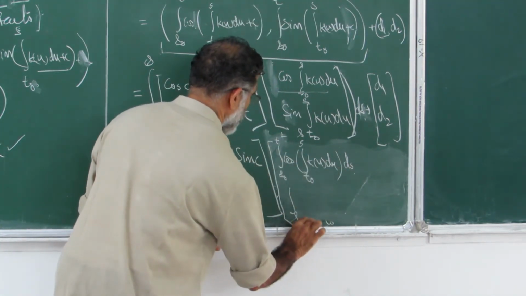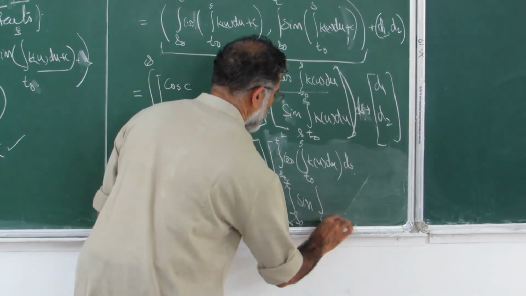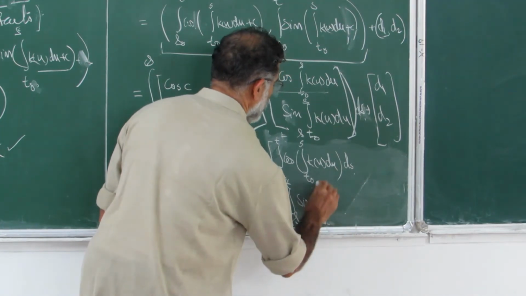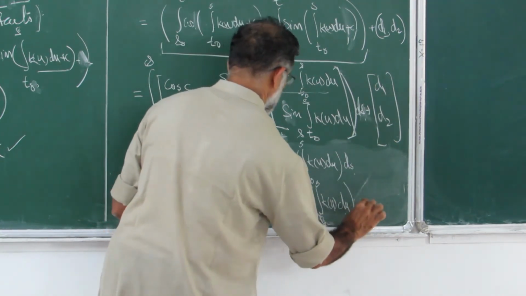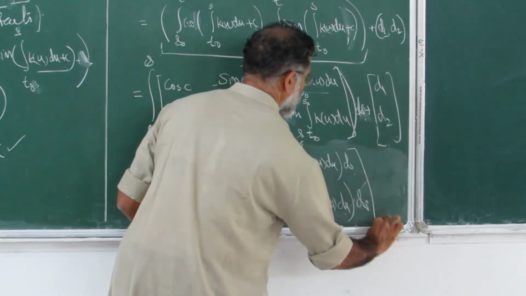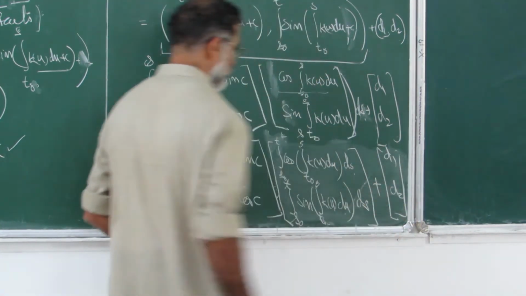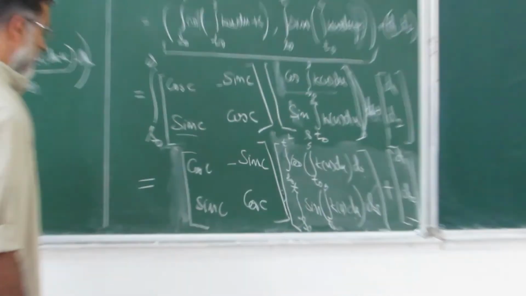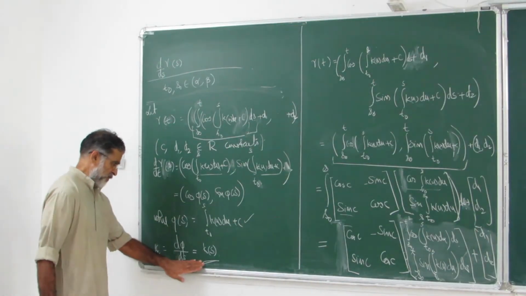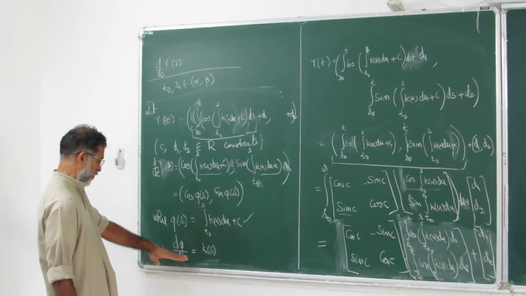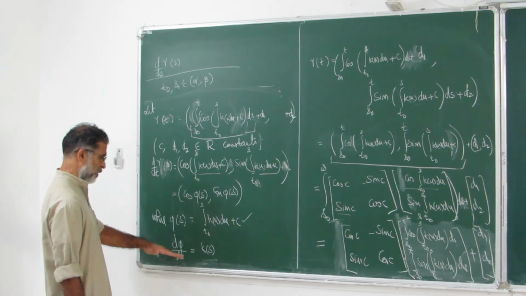The second is the integral from S1 to T of sine of the integral from T1 to S of k(u) du, plus... Listen, we have constructed this, and we have already verified that this will certainly give you a curve whose curvature is Ks.